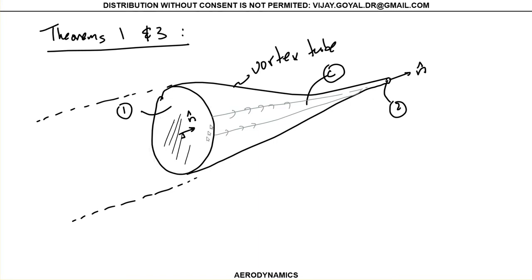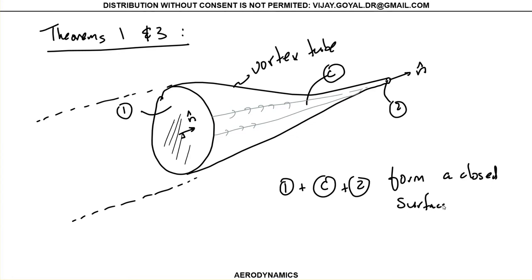So first of all, to understand what's really going on here, you have to understand that 1 plus C plus 2 form a closed surface. Right? You can see this. If I've got the tube, I'm going to call this surface area of the tube C and the end surface areas 1 and 2. So this is all enclosed area.